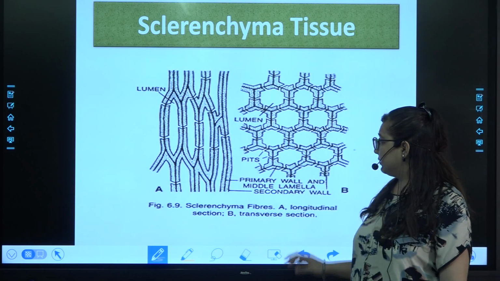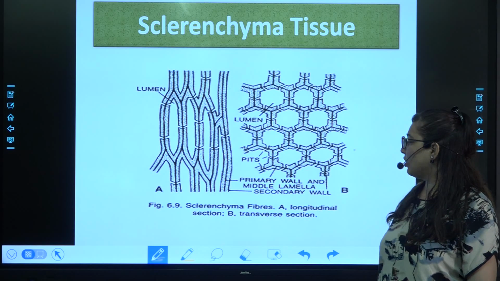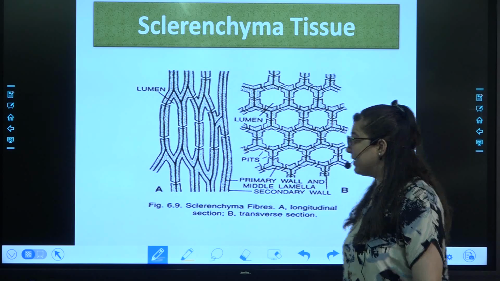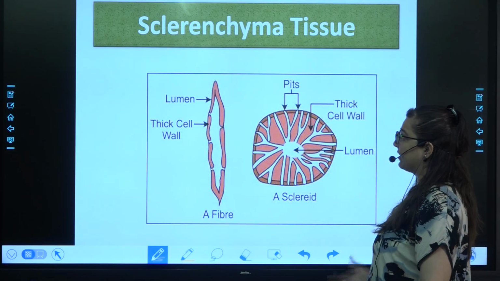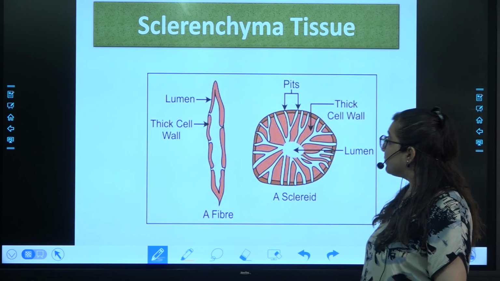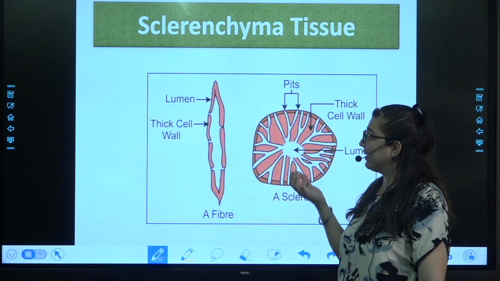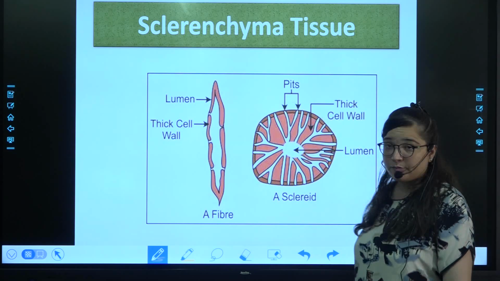The sclerenchyma fibers, you have their longitudinal and transverse section. Basically, before we do this, one small thing: fiber and sclerite. This is how the sclerenchyma tissue is bifurcated. You can see the opening. At the opening, it is tapered. It has a thick wall, and what is this thick wall made up of?